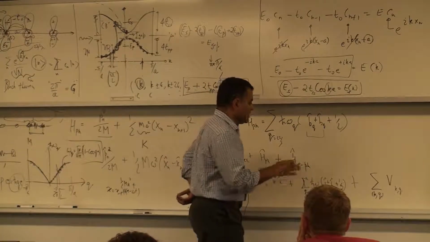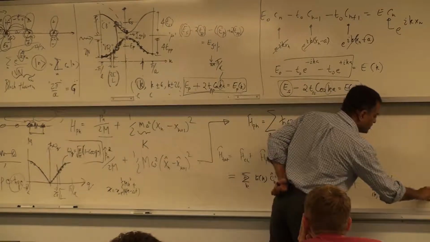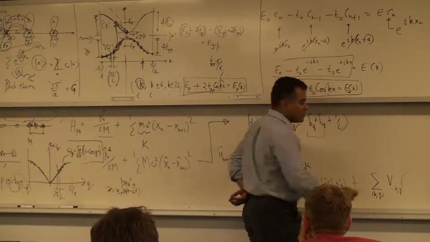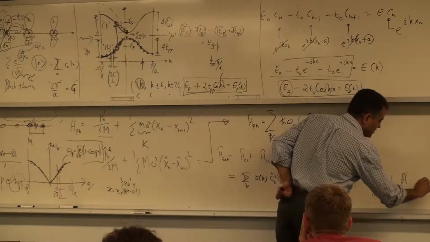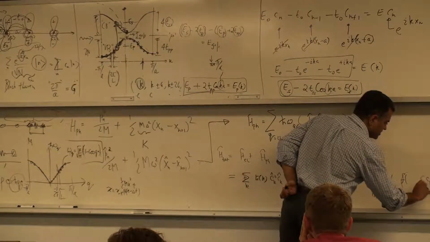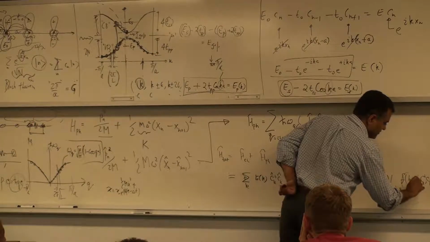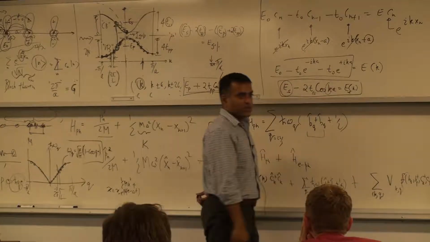In this term, you have to write down exactly how this interaction is happening. Are there two photons being absorbed? But it is a function of the ck's, ck daggers, and bq's and bq daggers. Does that make sense? That will take care of all that stuff.